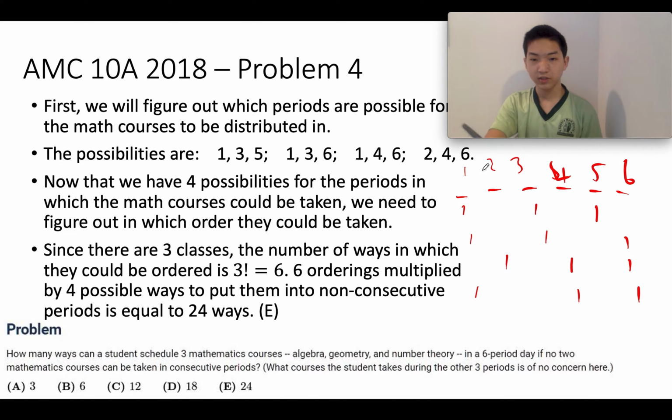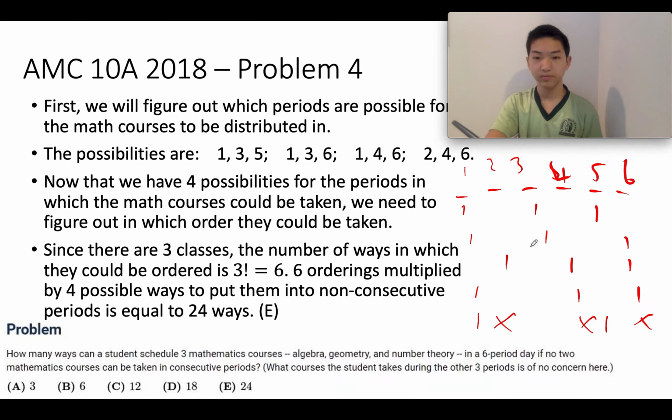As you can see here, if you start at 1, then the next course has to be either period 3 or period 4. If it's period 3, you can have 5 or 6. If it's period 4, it must be period 6. You can't have period 5 because then it locks out 4 and 6, and 2 is also locked out.